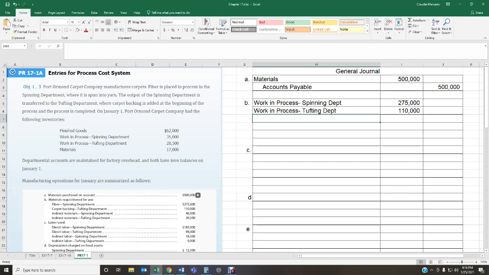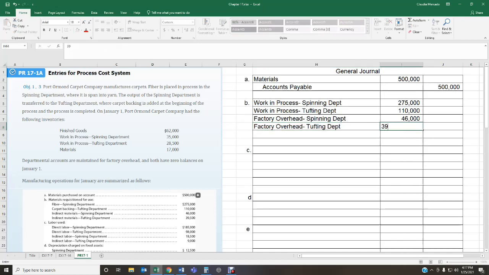So I'm going to have my factory overhead, and this is for the spinning department. Okay? And we have $46,000. And then we have indirect materials for the tufting department. So we're going to go ahead and debit factory overhead for tufting, of $39,500.